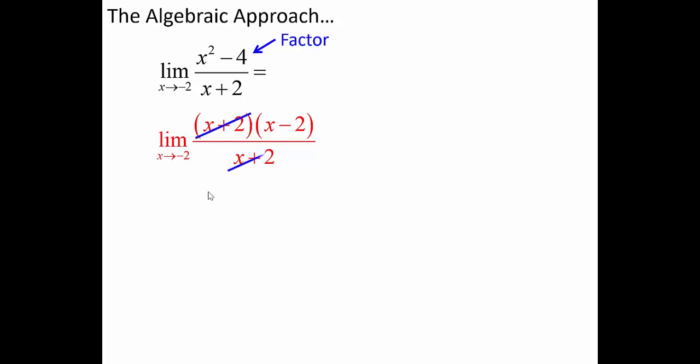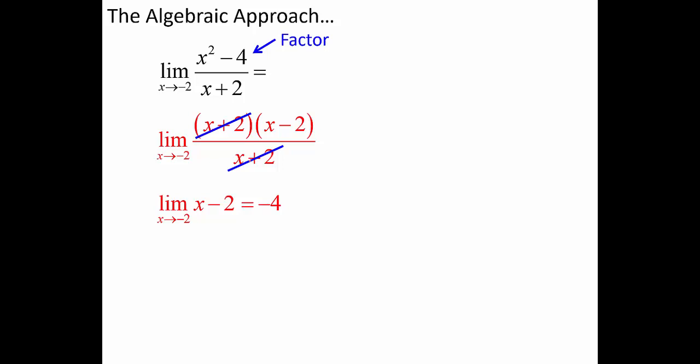Notice the x plus 2 cancels out, which removes my discontinuity, because of course the discontinuity occurred because I plugged in -2, so it must have been x plus 2 that was causing the problem. Now let's reevaluate the limit. The limit as x approaches -2 of x minus 2. Plugging in -2, I get -4. And now we have our answer.